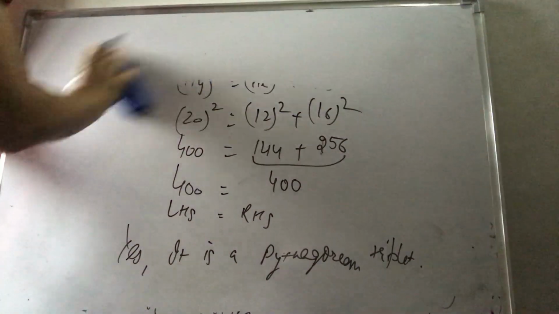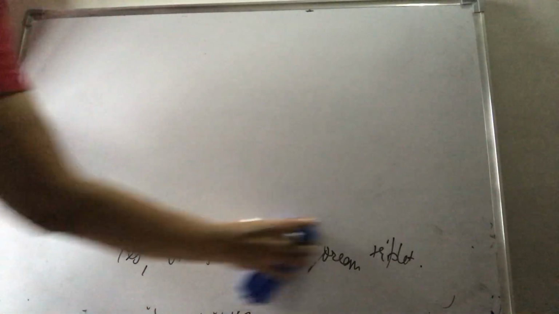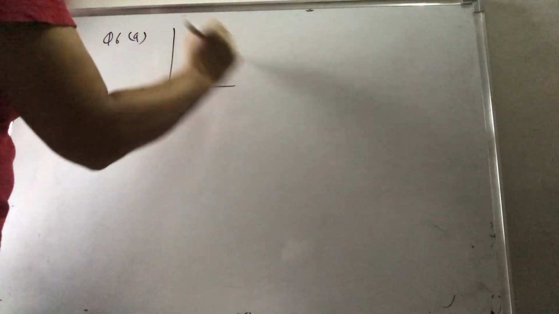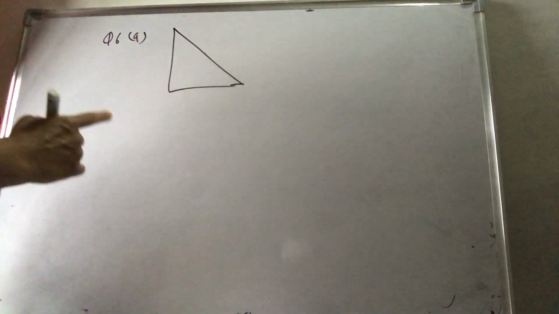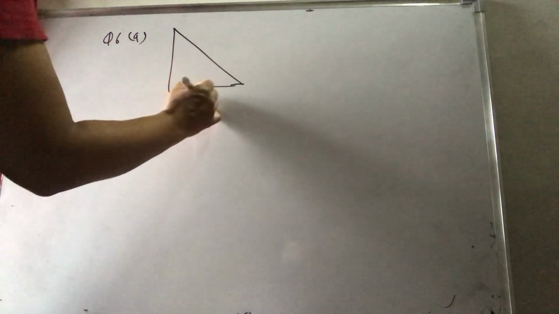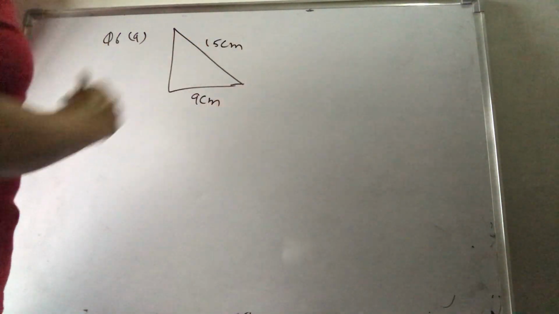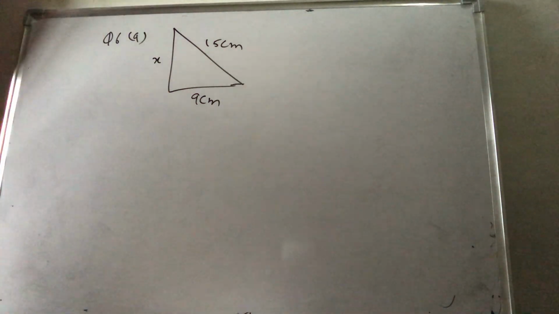Now the question number 6. We are given right angle triangles in the question, and one of the sides is missing. It may be hypotenuse, it may be base, it may be height. So question number 6, A part. It is a right angle triangle given in the question. The base is 9 cm, hypotenuse is 15 cm, and the height is x cm.